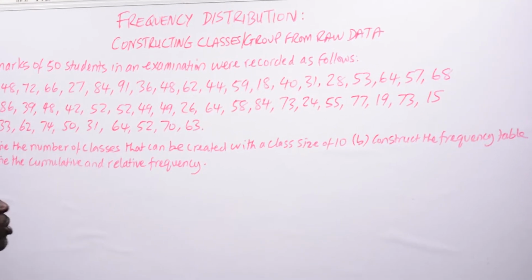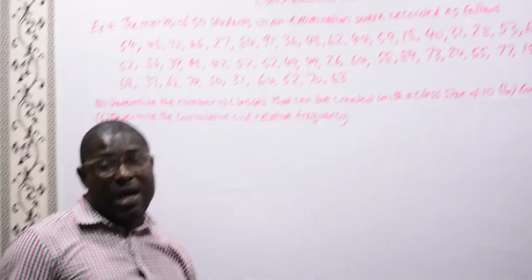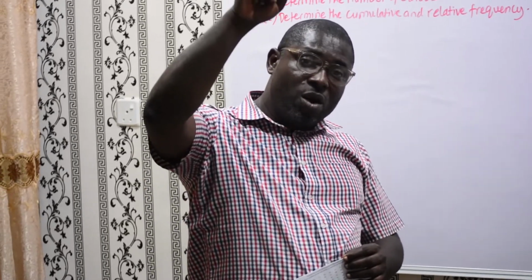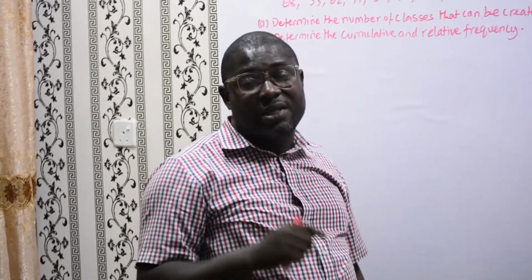We need to construct classes or groups because sometimes the number of elements in the array of data might be so large that it will not be easy for us to have a long list of each number appearing and then look for the frequency as we did in other examples.